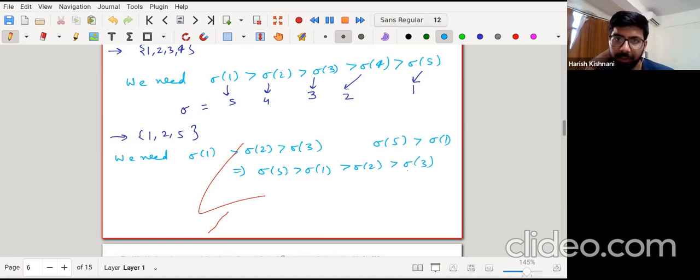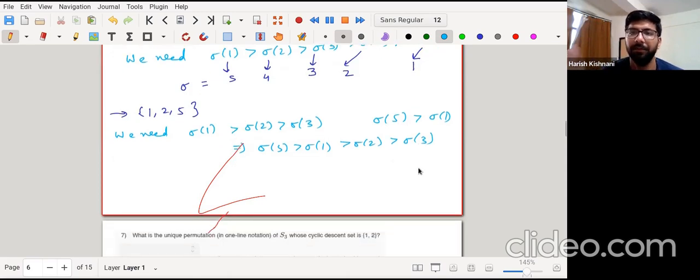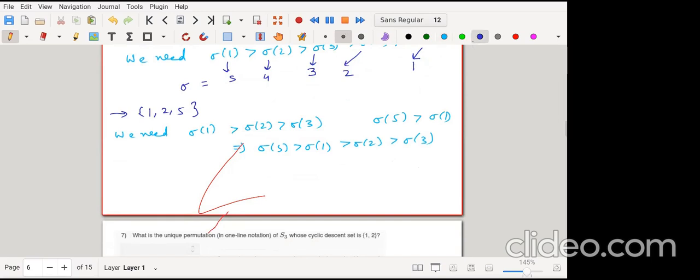So what can be the choices for sigma 5, sigma 1, sigma 2, sigma 3? Anyone? The total permutation can be 3, 2, 1, 4, 5.